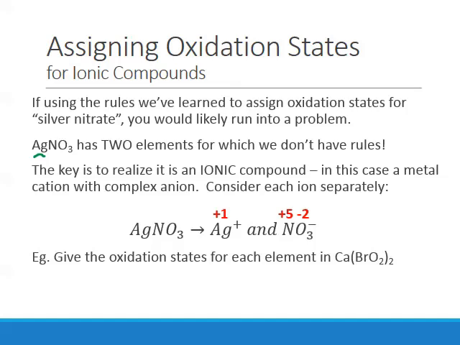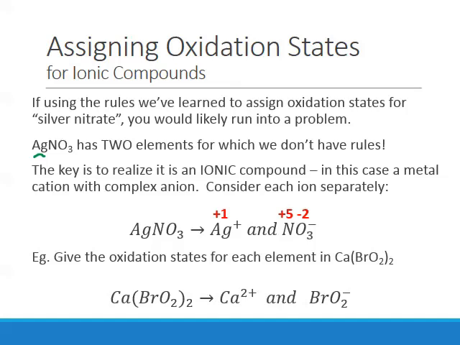It starts with a metal. Then break it apart into its two ions. Calcium bromite would be composed of calcium ions, Ca2+, and bromite ions, BrO2-. Now consider each of the two ions separately. The calcium here would have an oxidation state of +2.